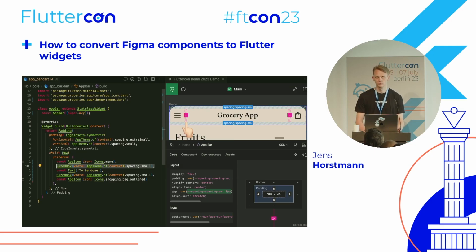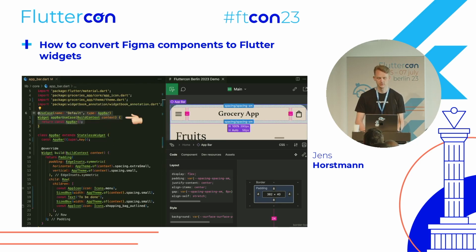Okay, so that has been a lot of steps, maybe a lot of code, maybe hard to follow for you. So we might not be able to see any longer where our component is visually. So what we do now is we define a new use case for Widgetbook to see how our component is currently doing regarding our design.